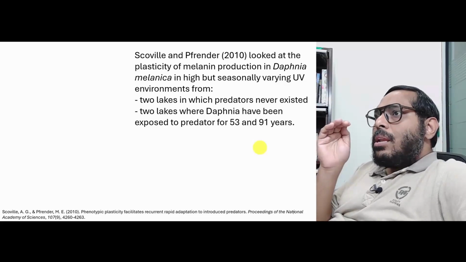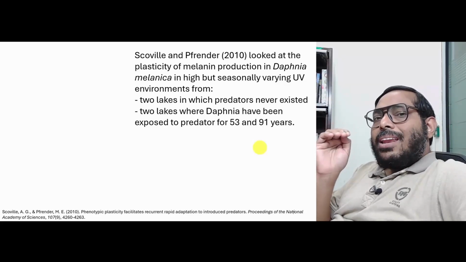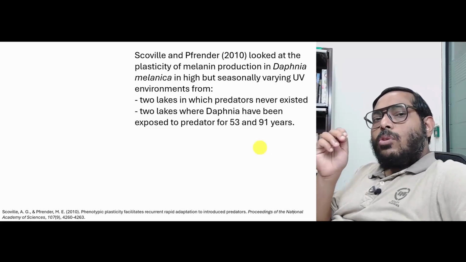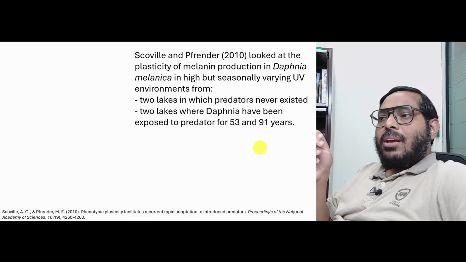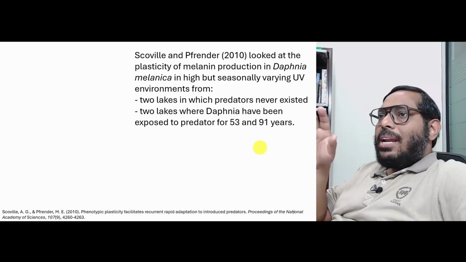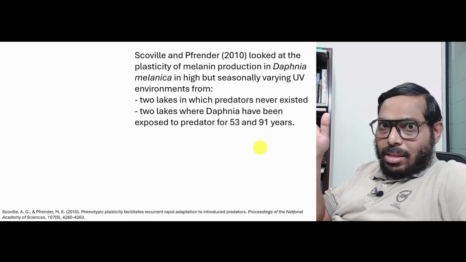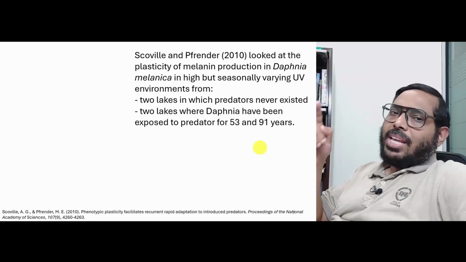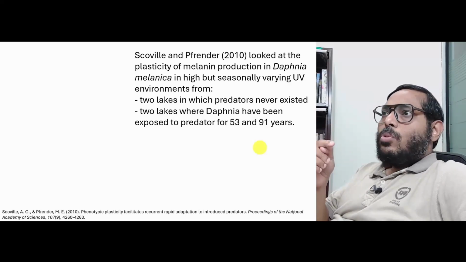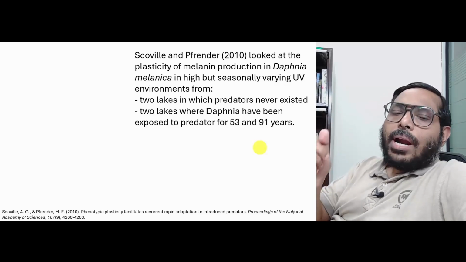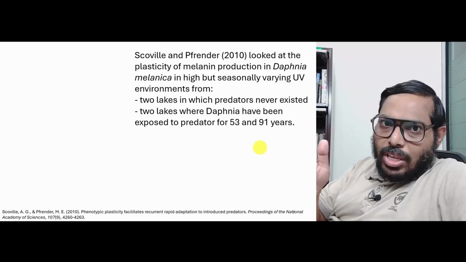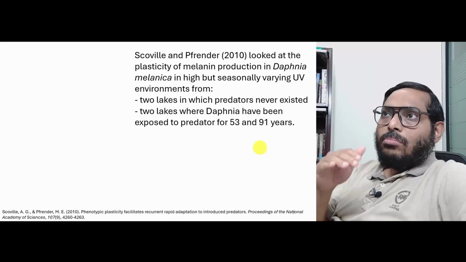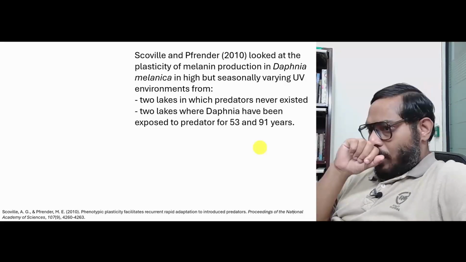But in the lakes where the predators are present, if they form melanin, they are going to be exposed to high level of predation, whereas in the 2 other lakes ideally they should not have required to change their melanic form, but because there is seasonal variation, you expect that there will be some parts of the year when it is good to have the UV, and there will be some other parts of the year when the UV is a burden because it reduces the growth rate.